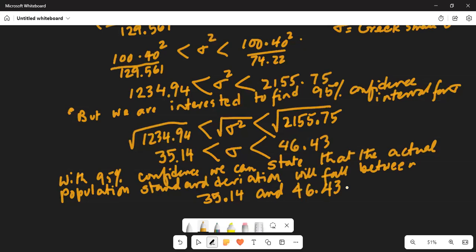So the problem I'm going to solve next in my next video is, can we get a similar result for the 95% confidence interval for sigma using a normal approximation for chi-square, since our degrees of freedom is 100, which is quite high.